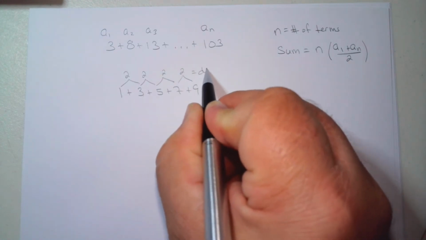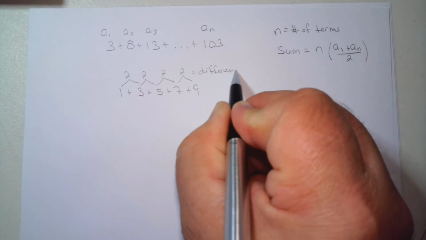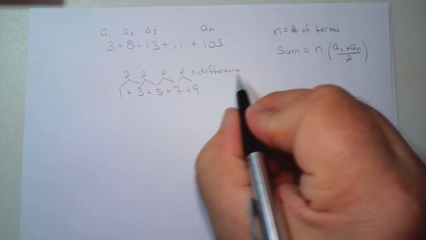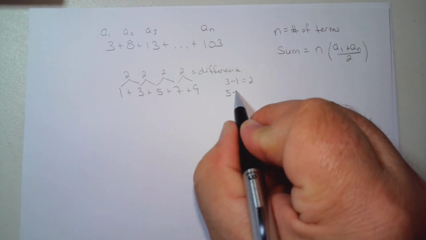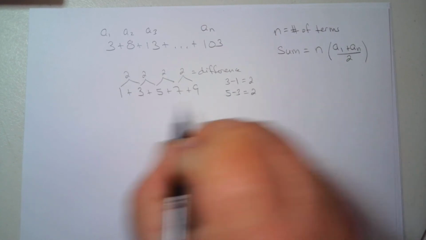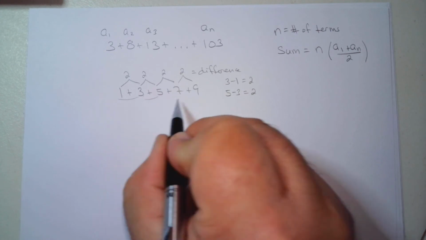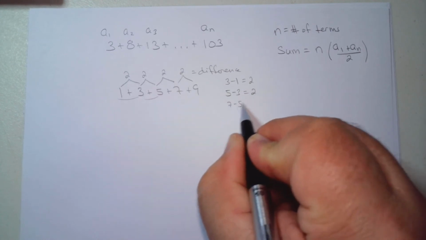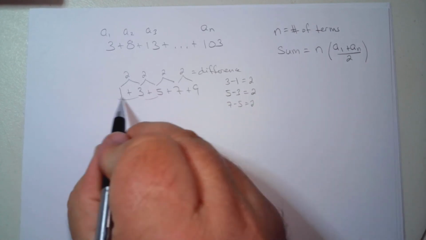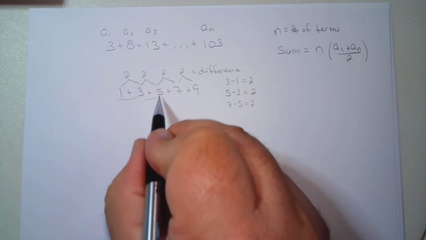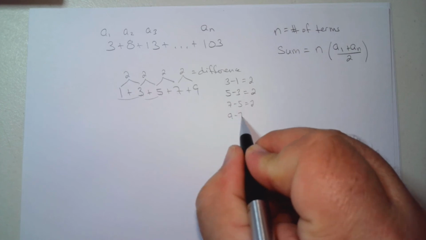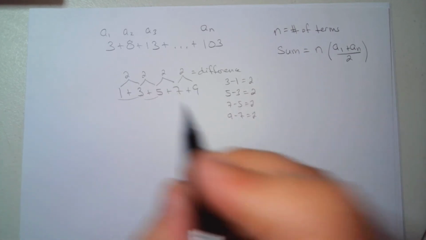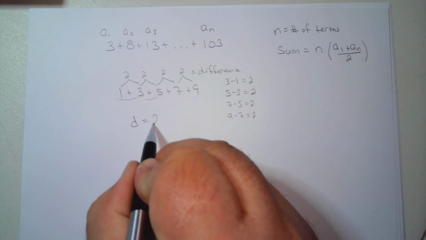We call that the difference. We just call it difference because 3 minus 1 is 2, 5 minus 3 is 2, 7 minus 5 is 2. So each pair of numbers, bigger minus smaller. So we know our difference is 2.